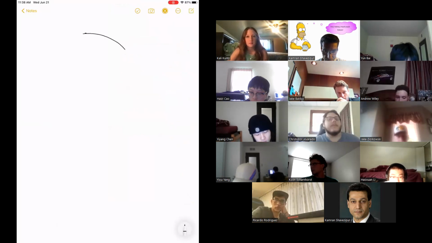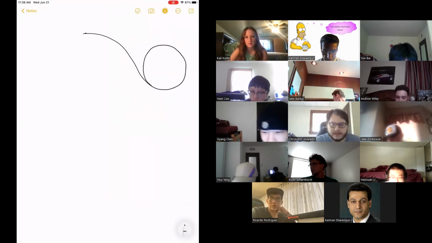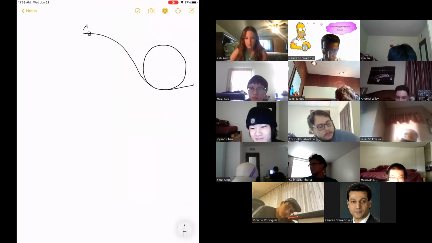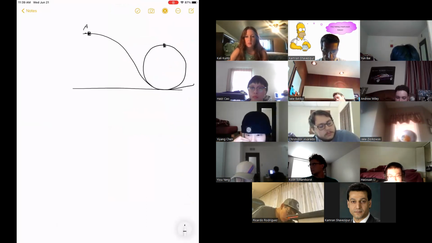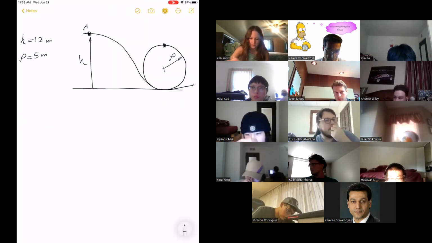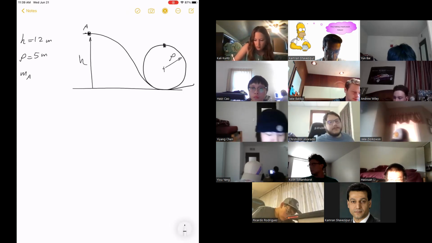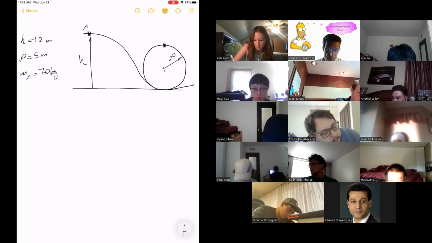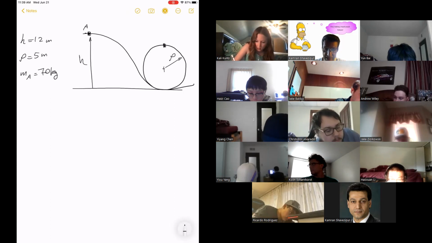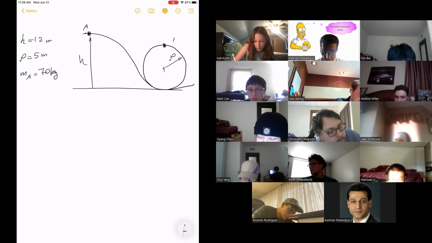Let me roughly draw this roller coaster. This is point A. So you are here like this small square. And then this is H. This is rho. H is 12 meter. Rho is 5 meter. The mass of that guy is 70 kilogram. And you want to see how much his speed is when he gets to point B.